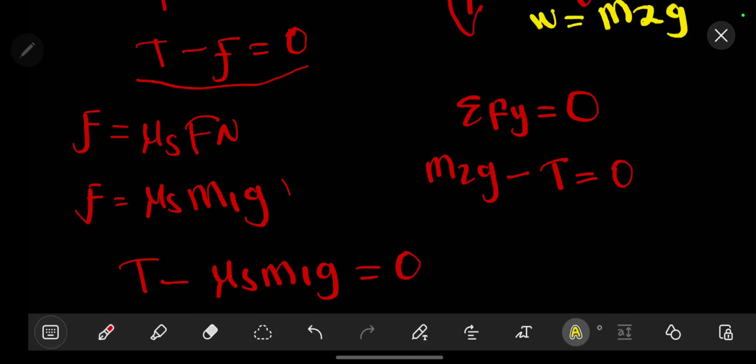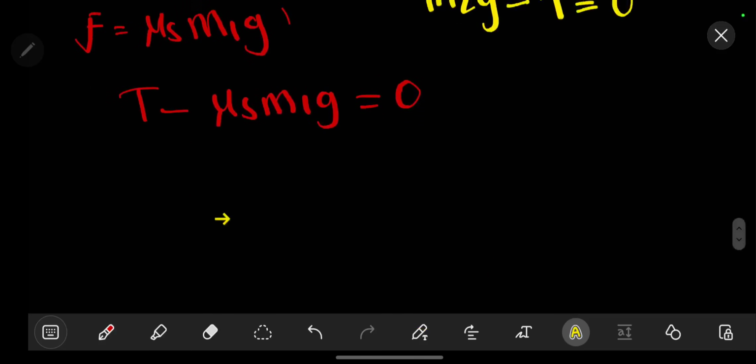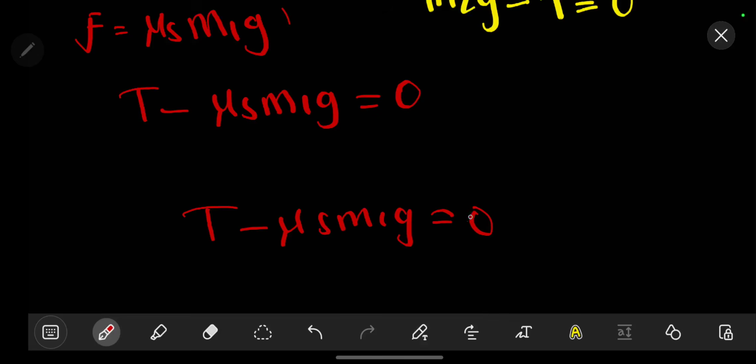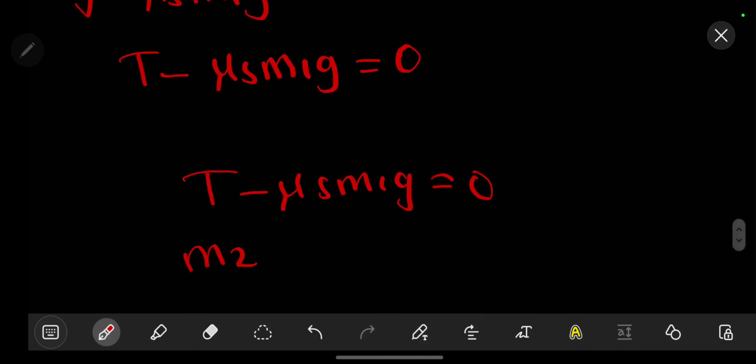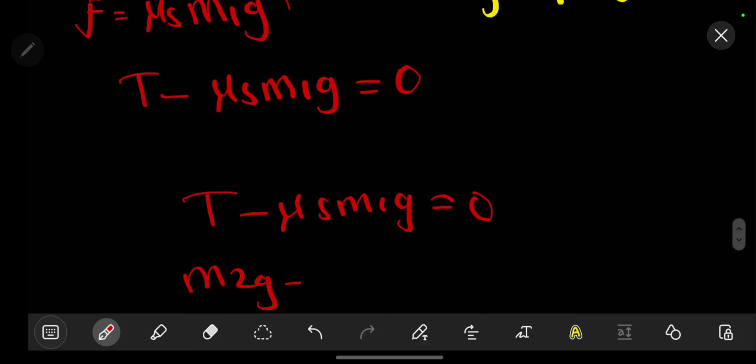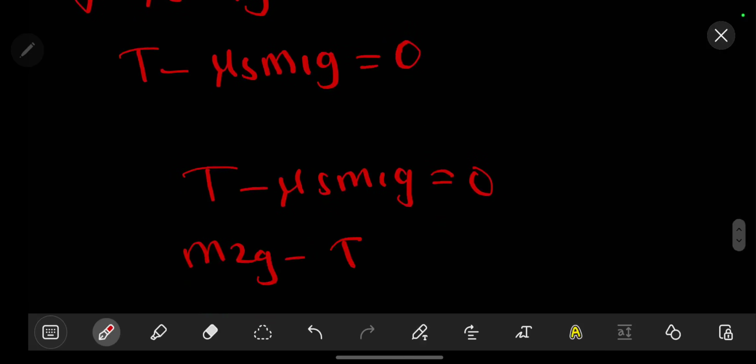Then this other equation is saying this. So we are going to solve them simultaneously, put them side by side. It will be T minus mu s m1g equal to 0. Then we also have m2g minus our tension equal to 0 as well. So we cancel the tensions.